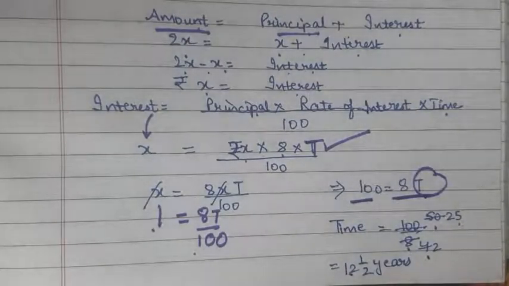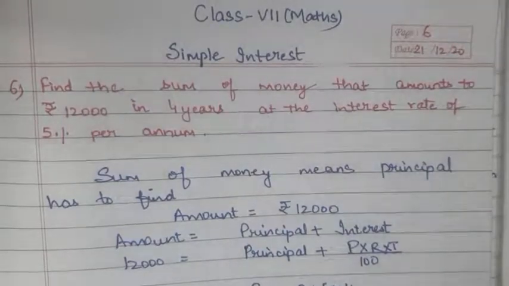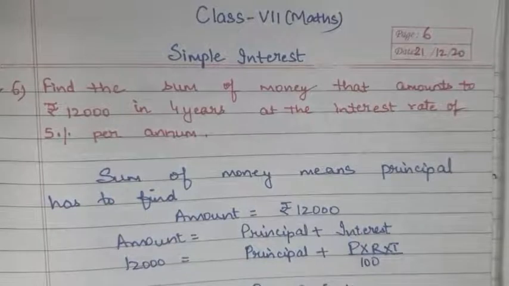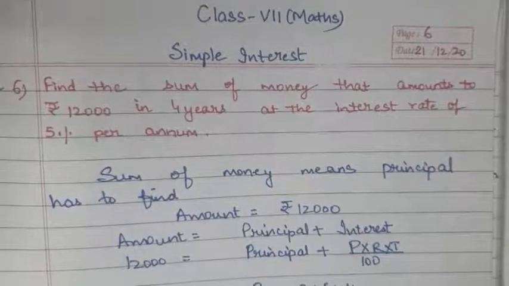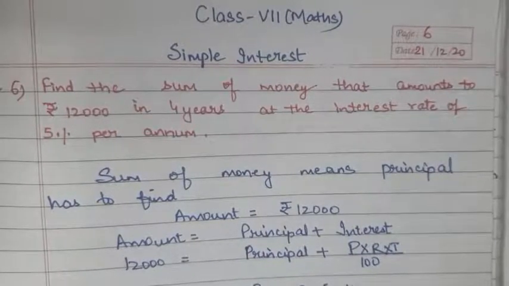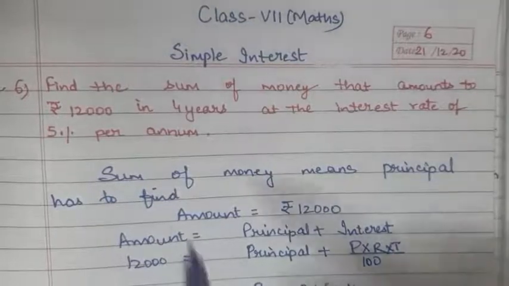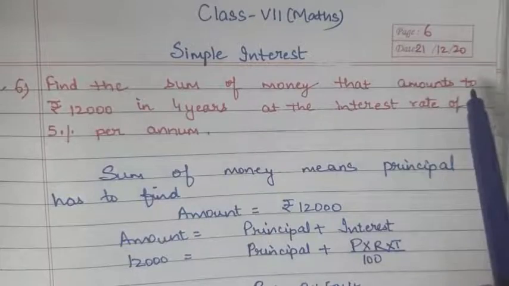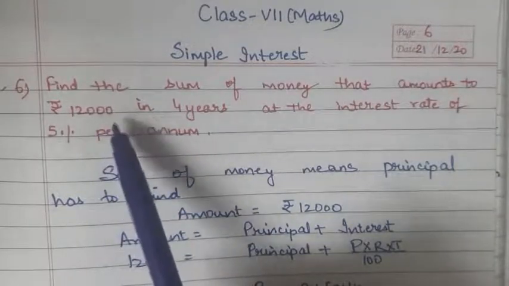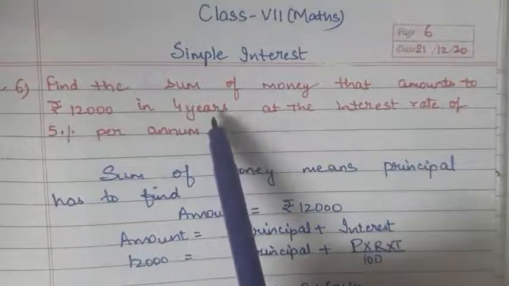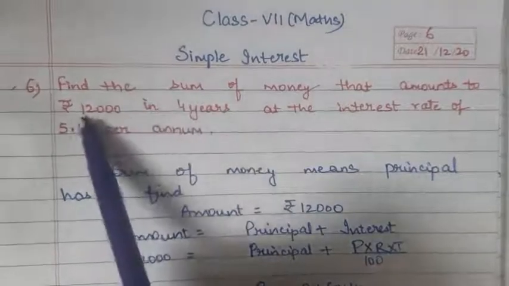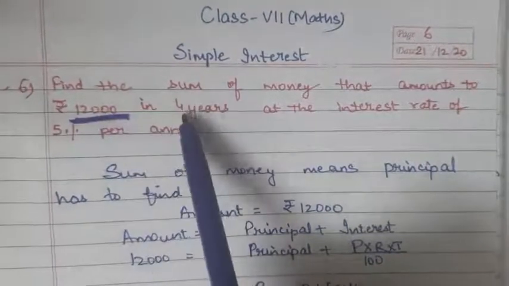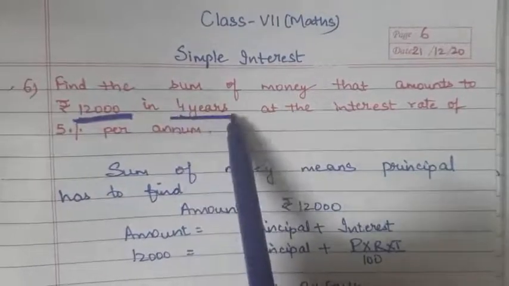Clear? The next question is, find the sum of money. Sum of money means you have to find out the principal. Find the sum of money that amounts to rupees 12,000 in 4 years. Now this is the amount. Time is 4 years.